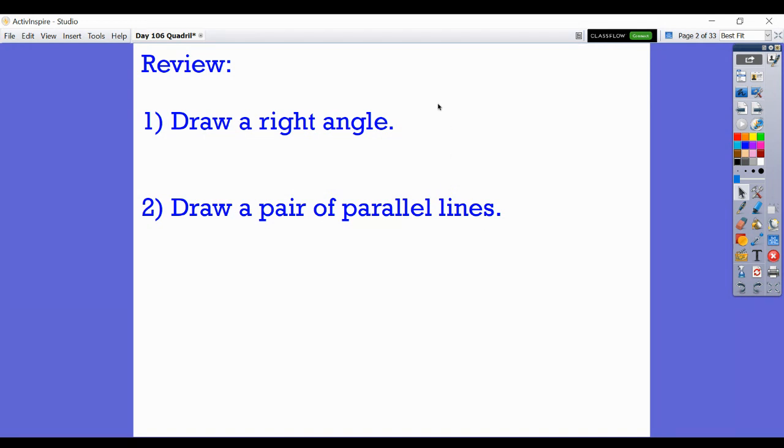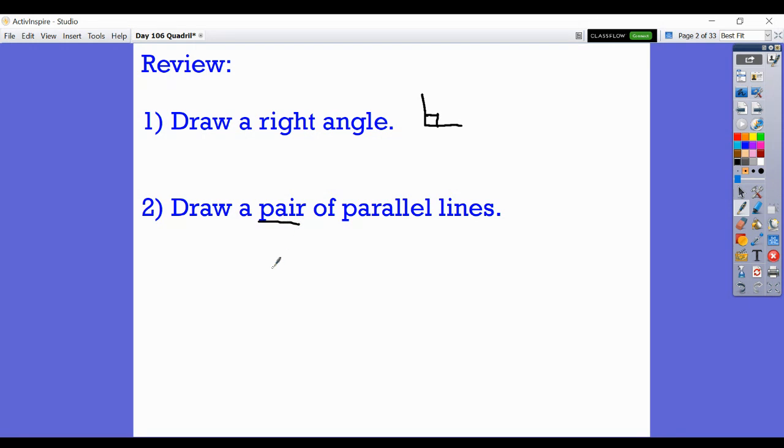Okay, you're back. So you have drawn, I know you have, because you are all so with it. You guys have been doing a great job on all of these lessons. A right angle. Now bear with me, yours is probably better than mine, but a right angle, something like so. And a pair of parallel lines.